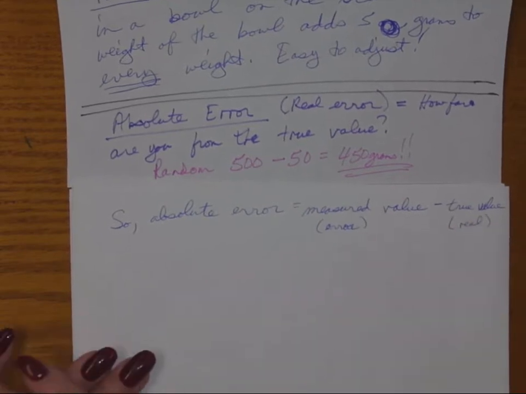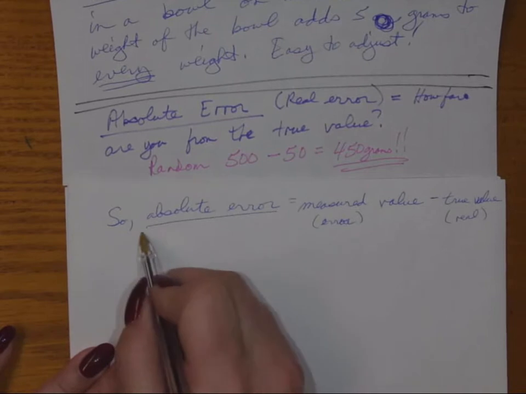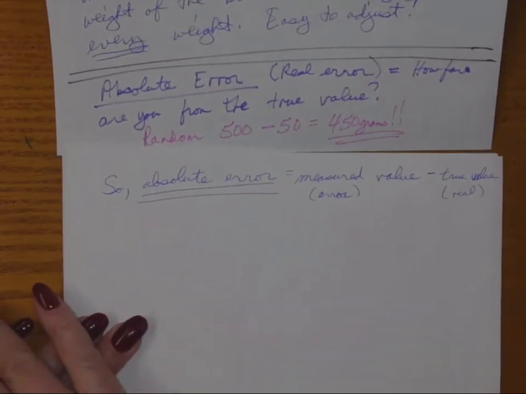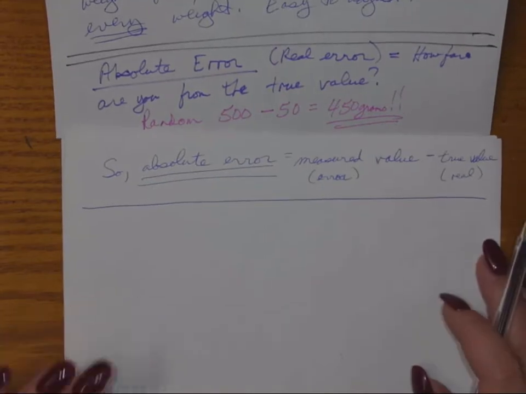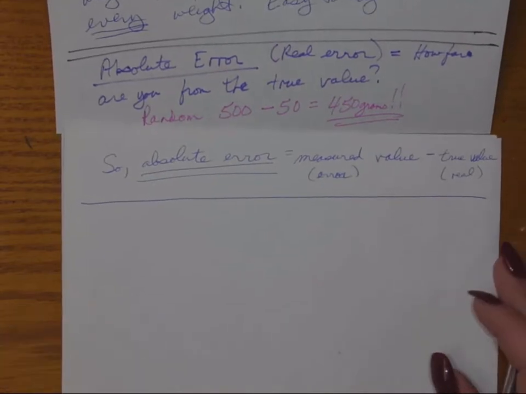And that tells me how far off I am absolutely. So this is just a nice, pretty subtraction problem. It's easy to figure out, no problem. So that is called the absolute error. How far are you away?